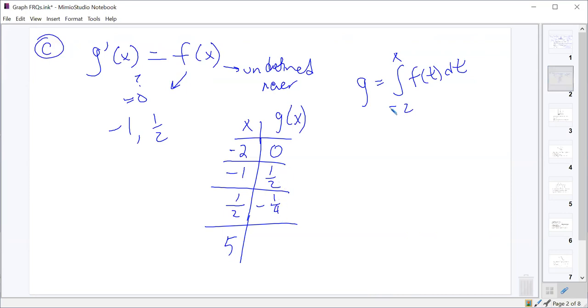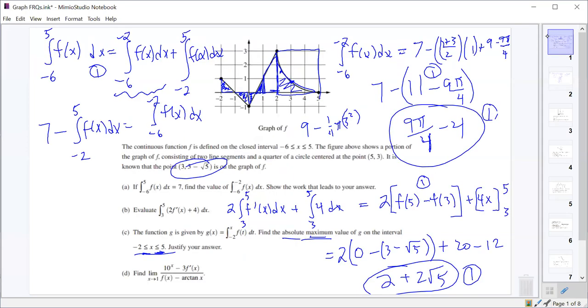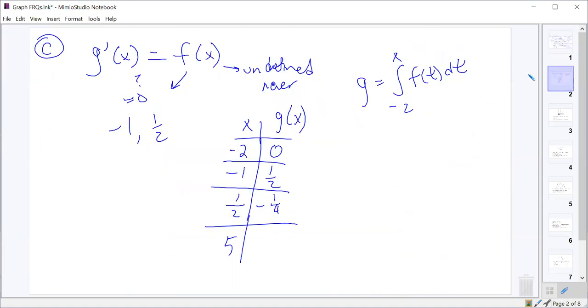Then we'll look at 5, the integral from -2 to 5. And what was that integral from -2 to 5? It was 11 minus 9 pi over 4 from part A. And is that more than half?